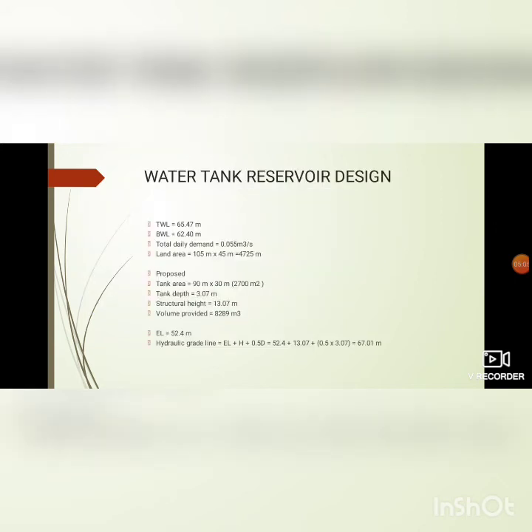Next is to design the water tank reservoir. Top water level is equal to 65.47 meter. Bottom water level is equal to 62.4 meter. Total daily demand equal to phase 1 plus phase 2 is equal to 0.055 meter cube per second.